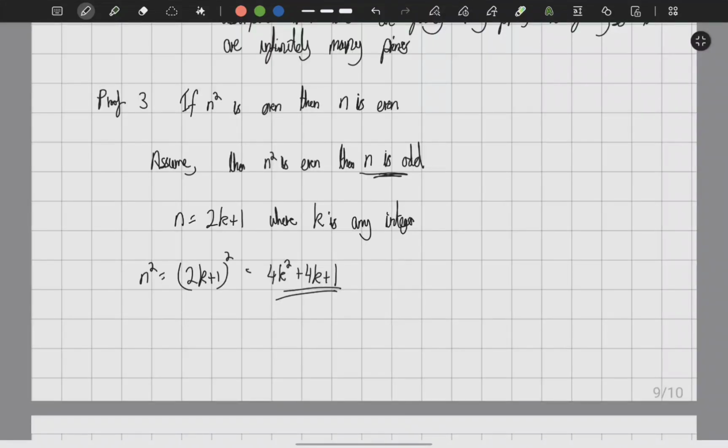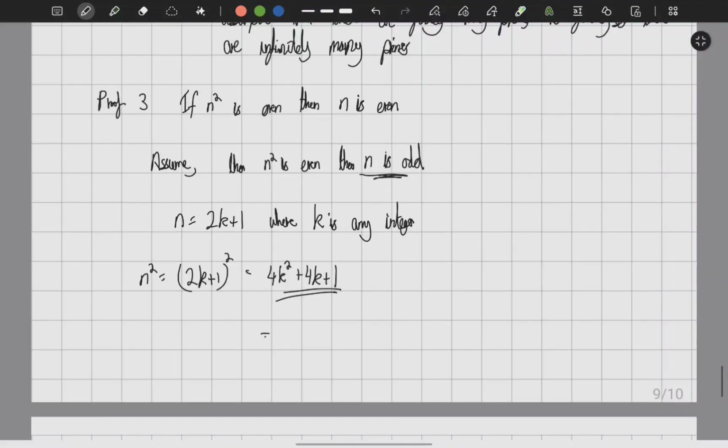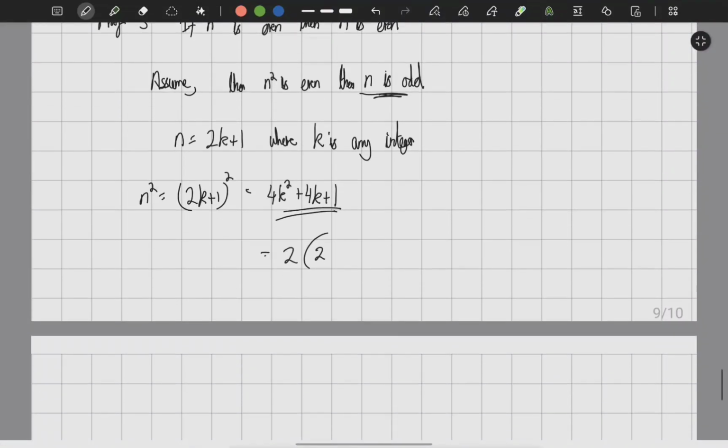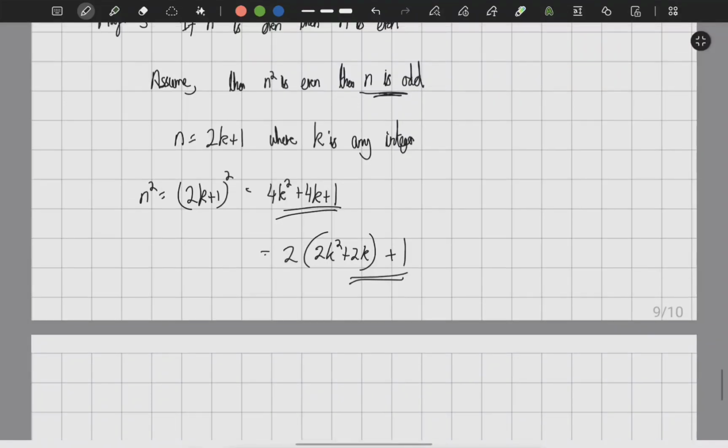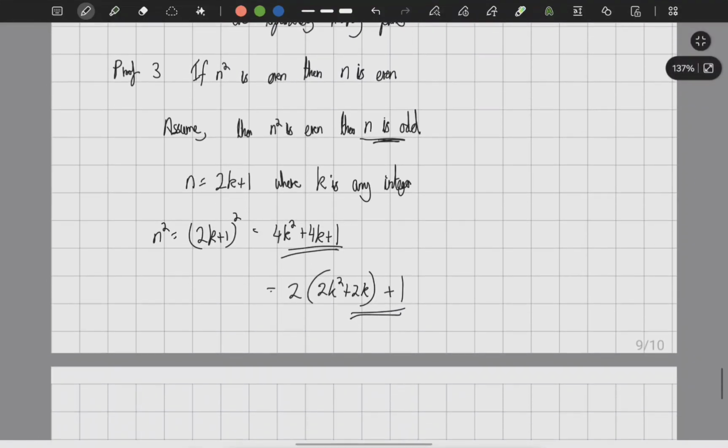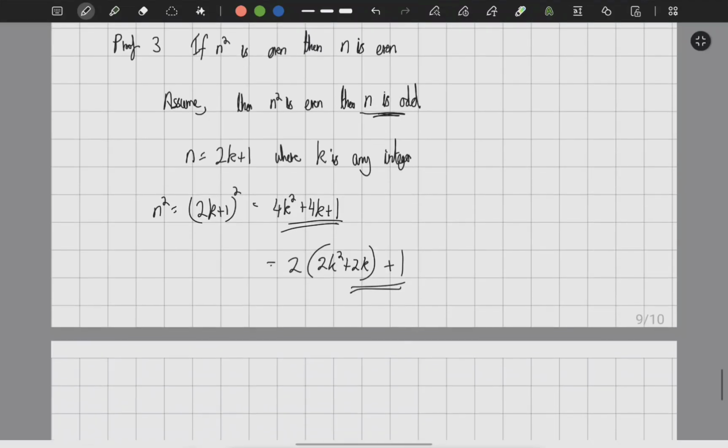We can write this in another way. Let's say we factor out 2 of the first 2 terms: 2 times (2k squared plus 2k) plus 1. So here we see that n squared, like I said an odd number is, is 2 lots of something plus 1. So here our n squared is odd.